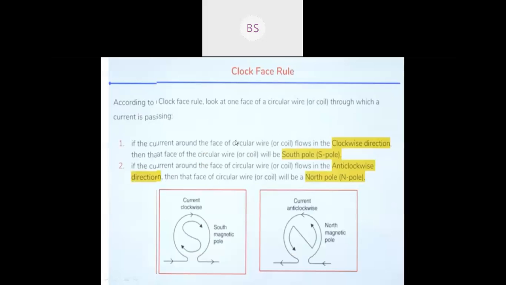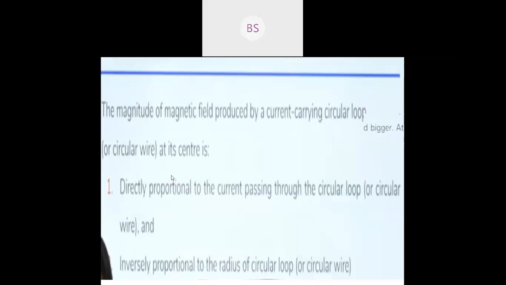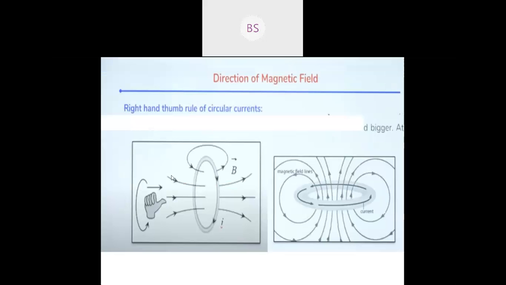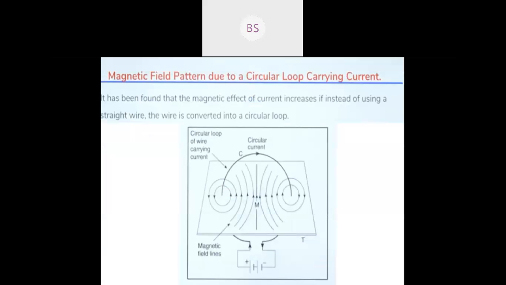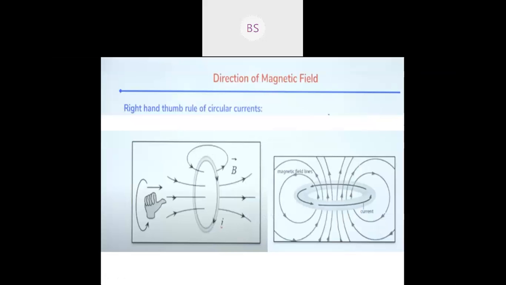So we have studied the circular loop. Any doubt in the circular loop? No, ma'am. Clear about the circular loop? Okay. So in a circular loop also we have to use the right hand thumb rule.